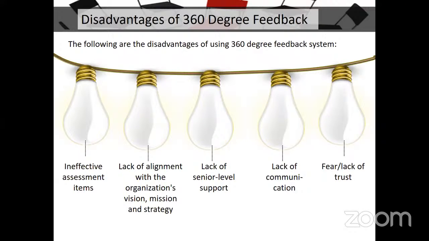Maybe they want me out. There's that fear. Those are the disadvantages we need to look at when we're implementing to ensure that these disadvantages don't frustrate our process. Because there may be that element of people lacking the trust. So what do you do as a HR person to ensure that the employees have trust in this system?